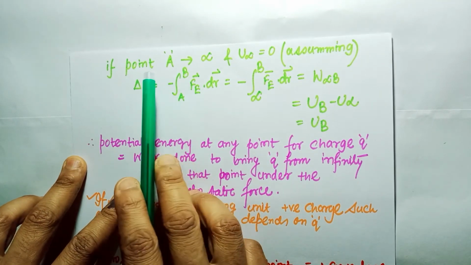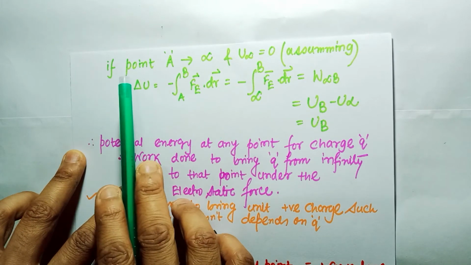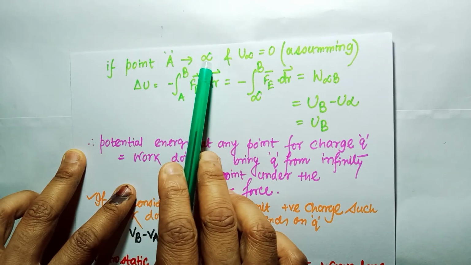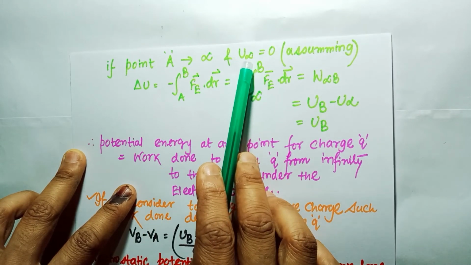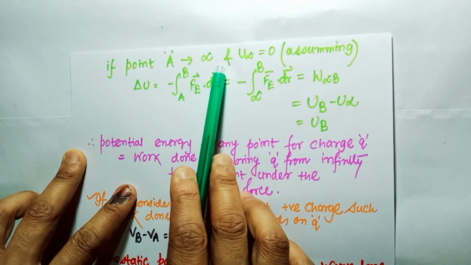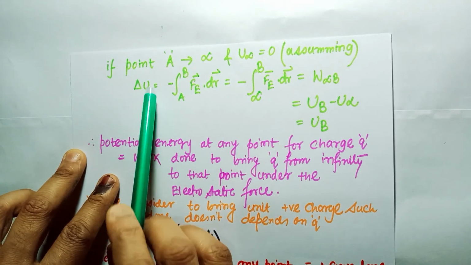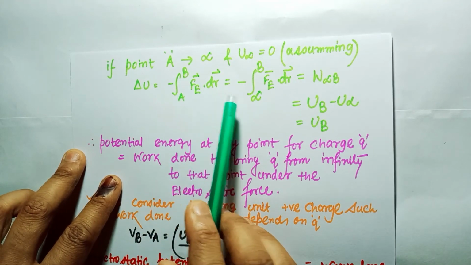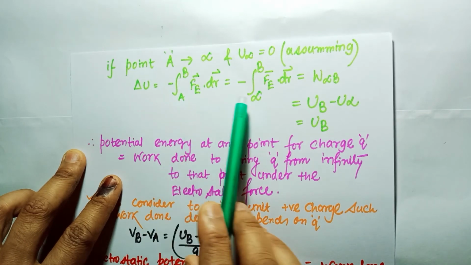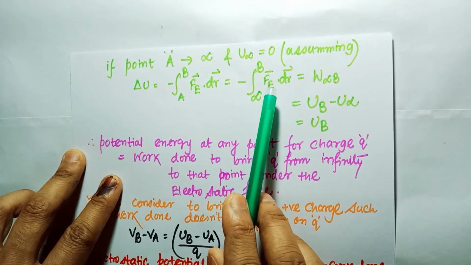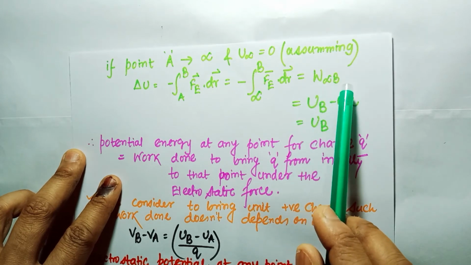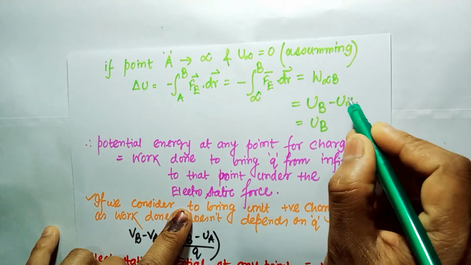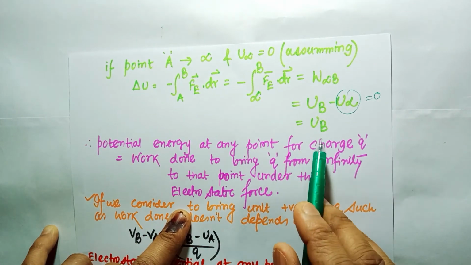Suppose in the previous diagram I brought the charge q prime from A to B. If I choose point A at infinite distance, and assume the potential energy at point A is zero, then the work done equals the change in potential energy, equal to minus the integral from A to B of F_e dot dr. Choosing A at infinite distance, this is minus the integral from infinity to B of F_e dot dr, equal to W infinity to B, equal to U_B minus U infinity. I choose U infinity to be 0, so this becomes equal to U_B.